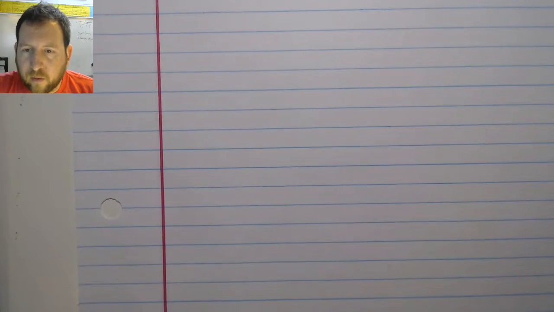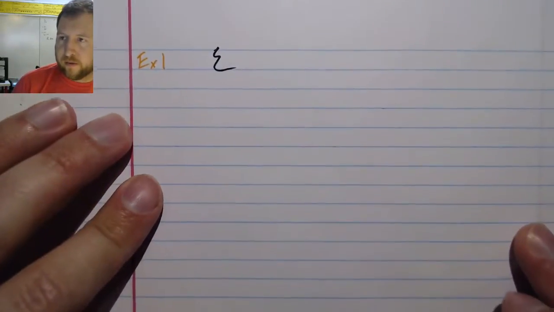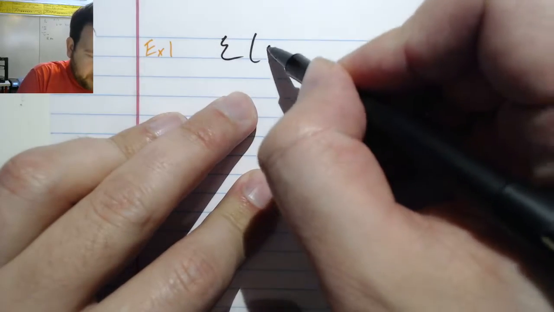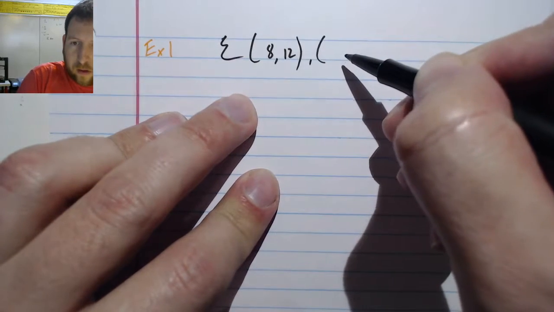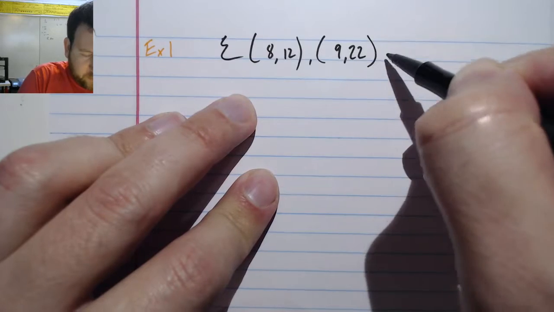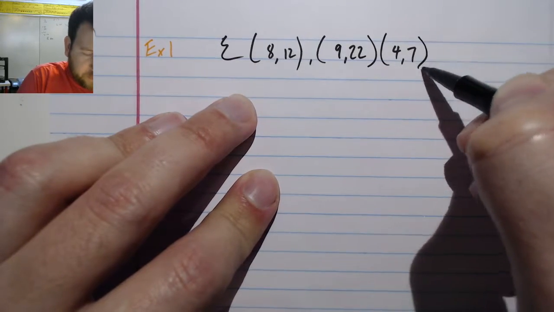Example 1. All right, let me find one that I like. Okay, I like this one. We start with a bracket. Let's put it on the page first so you can see it. 8, 12, 9, 22, 4, 7.